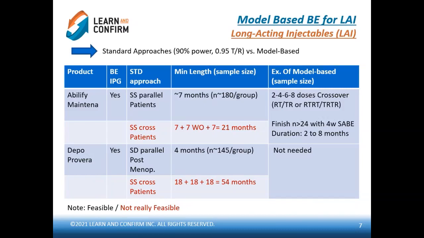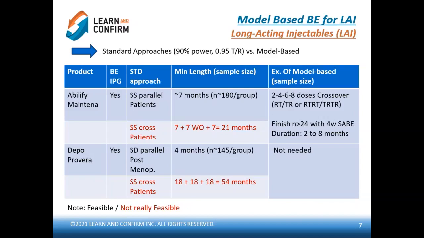In contrast, you can do a model-based analysis for which you can characterize the test and the reference product over 2, 4, 6, or 8 doses. You can compare these different clinical study designs in terms of alpha error and power and propose the one that you would think is the most robust, discriminative, and the most appropriate to use.